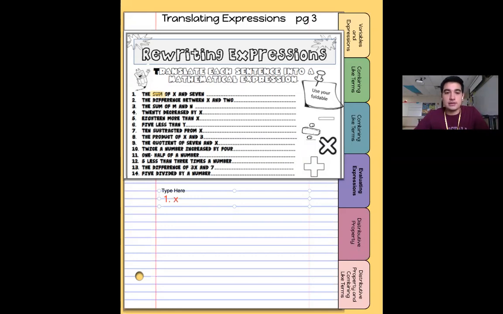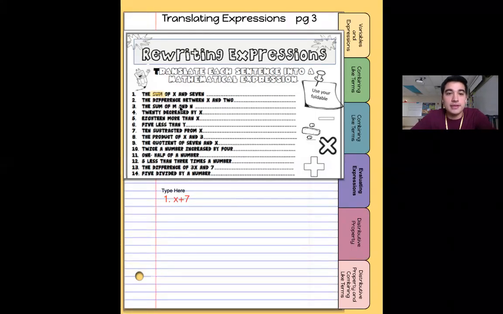So x, now sum means plus, so plus 7. That's it. It's that easy, okay? So the sum of x and 7, we can rewrite in the mathematical expression as x plus 7, just like this down here. That's all you have to do, okay? So that's number 1. Let's go to number 2.